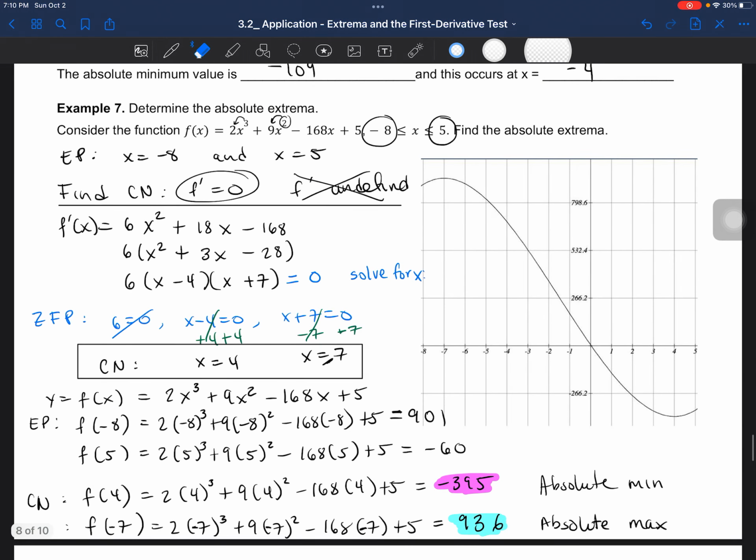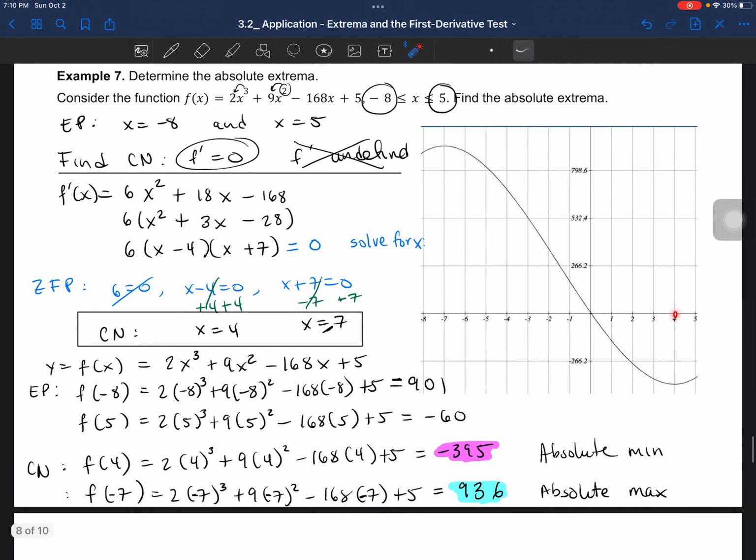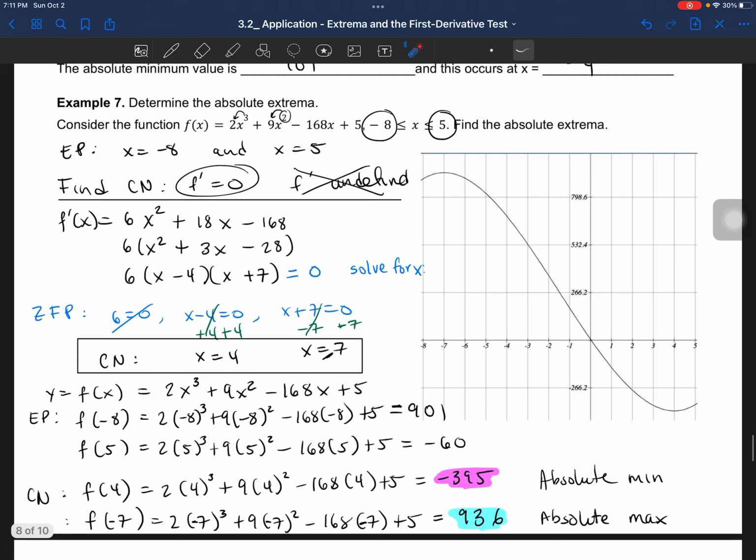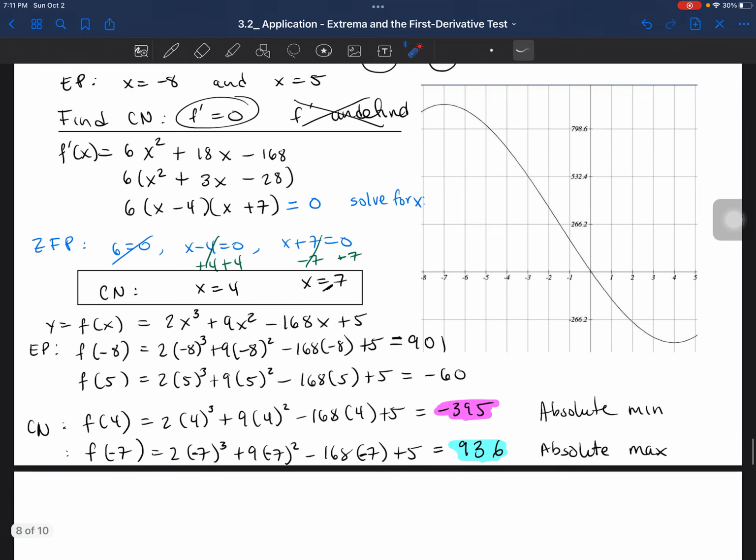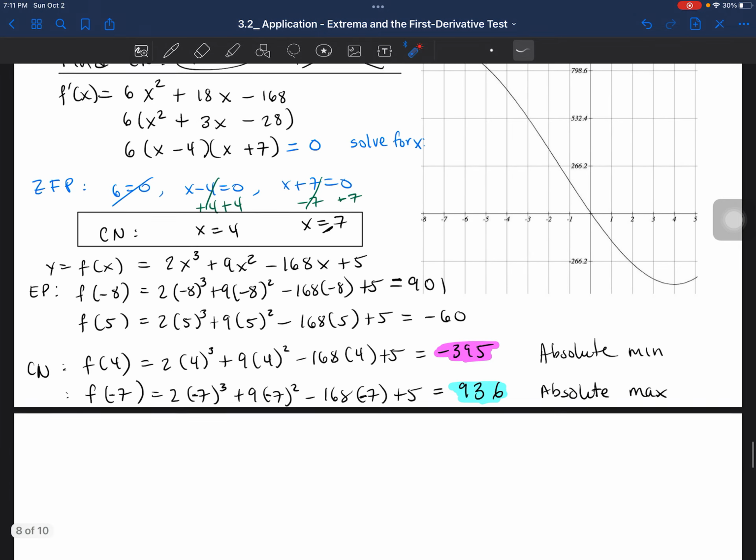If you go back to the graph, just to give us a perspective, at negative 7 you have the highest value of the function, and at 4 we have the lowest value of the function. In fact, it was roughly around 395 and this is roughly around 936.